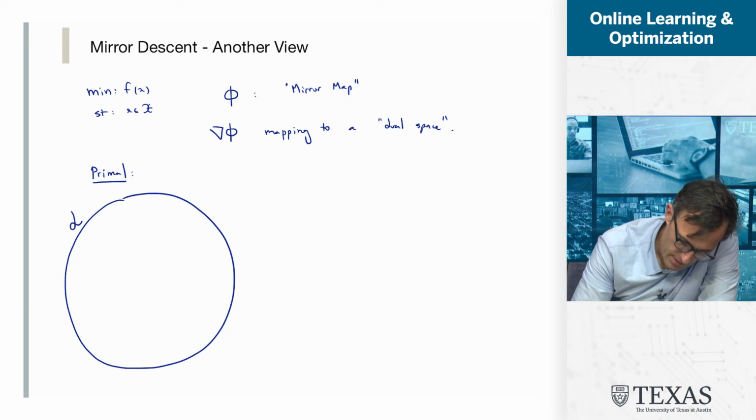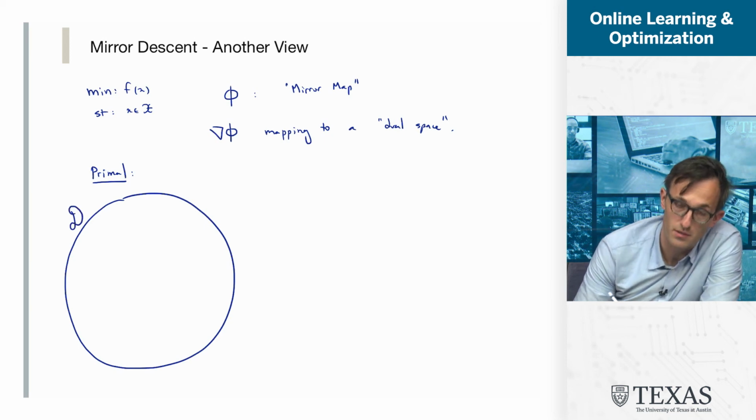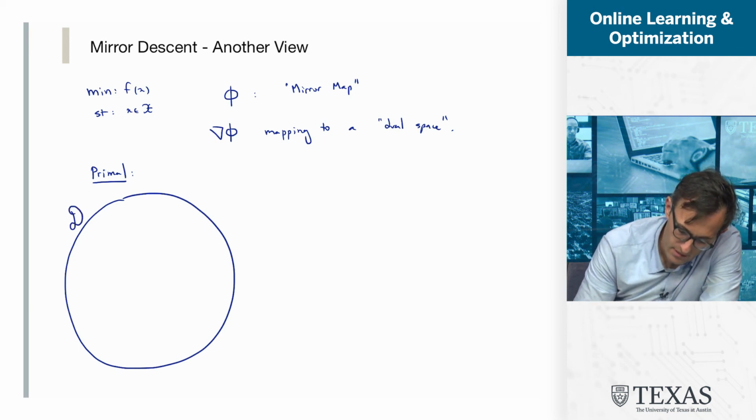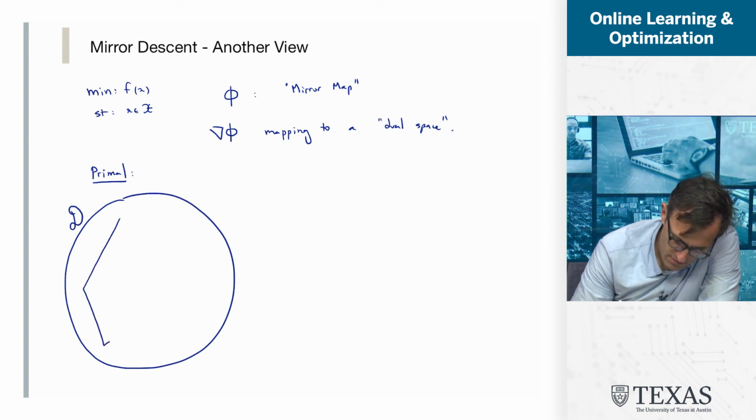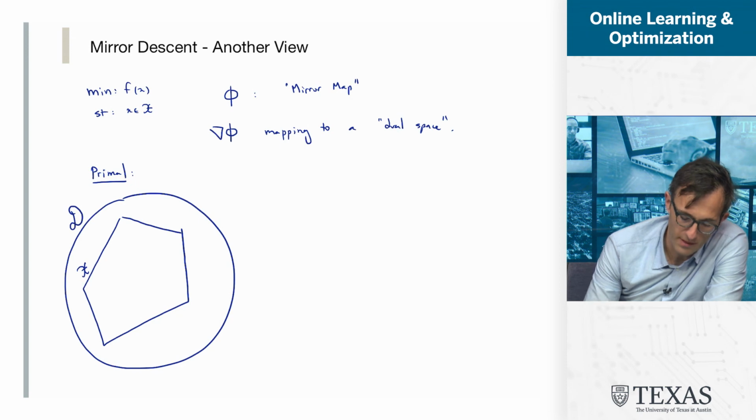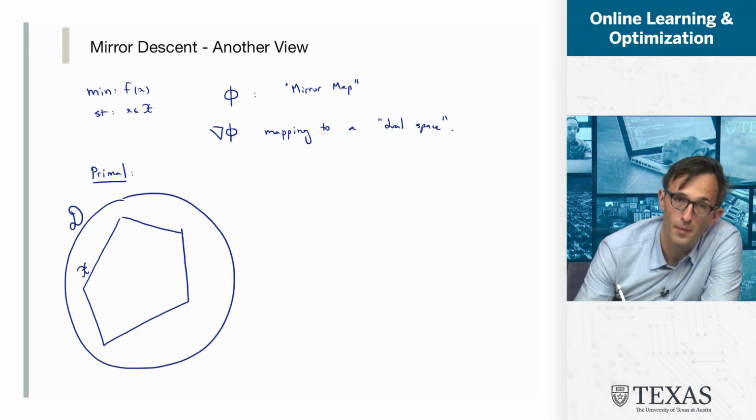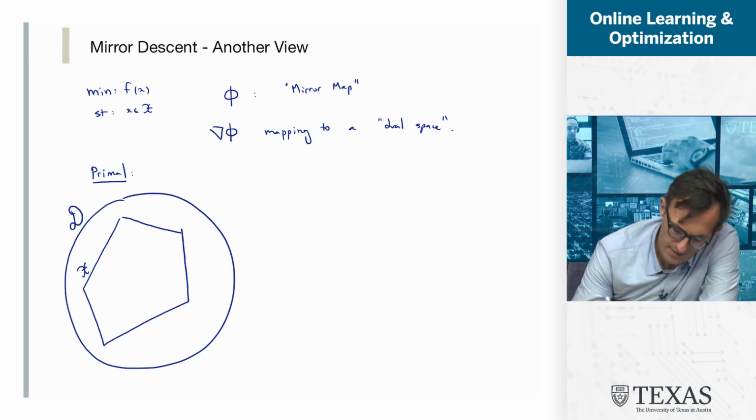Actually, this is the set D, which is the domain of phi, and somewhere inside of here is our set X. That's what we're optimizing on. So x star, our optimal solution, is somewhere inside the set X, and at some point we've been moving around, and we finally have reached the point xt.